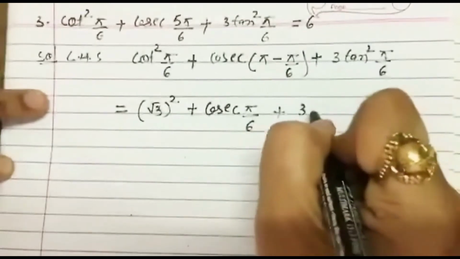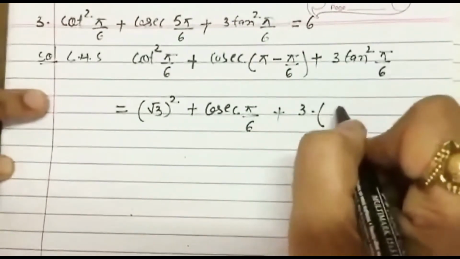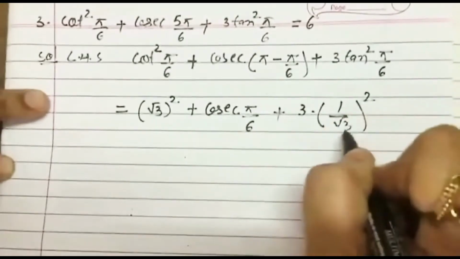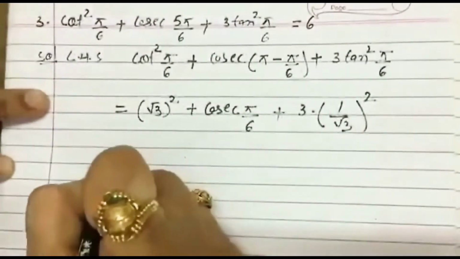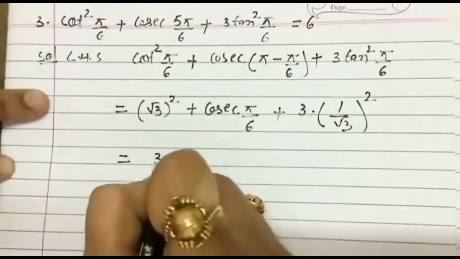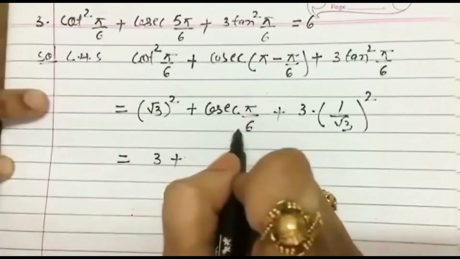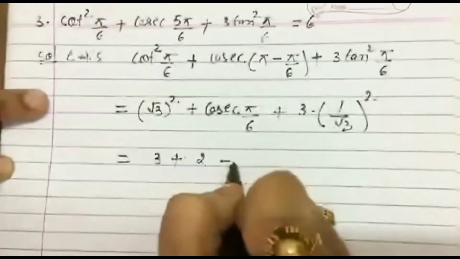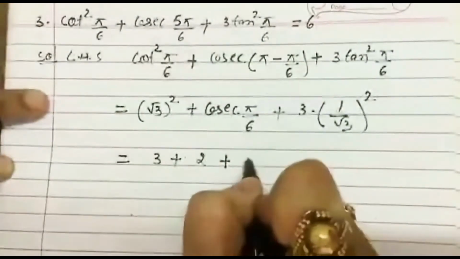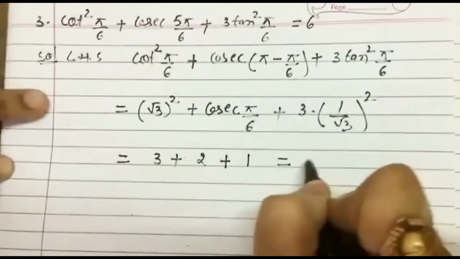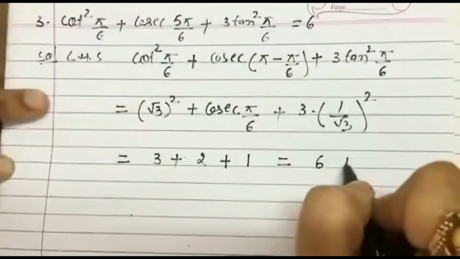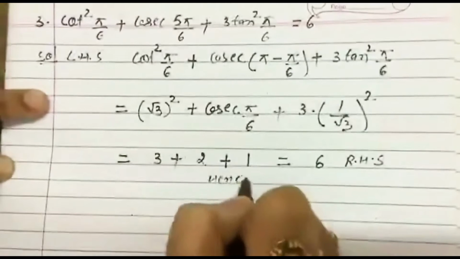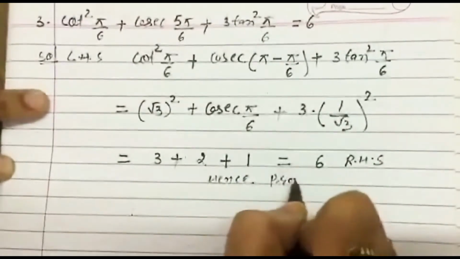Here 3 into tan π/6, it's 1/√3, and here squared. So you will get 3 plus, here write the value of cosec π/6, it is 2, and from here you will get 1. So the answer is 6. It's the right hand side, you can write hence proved.